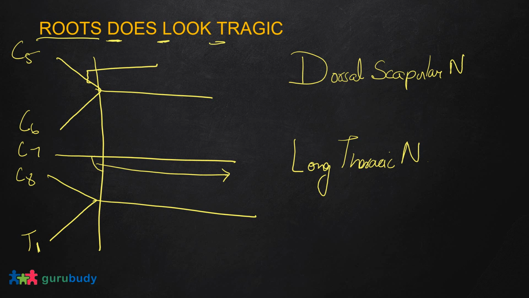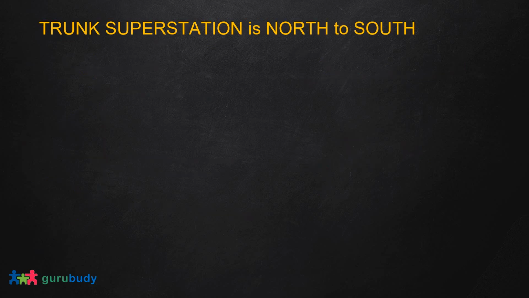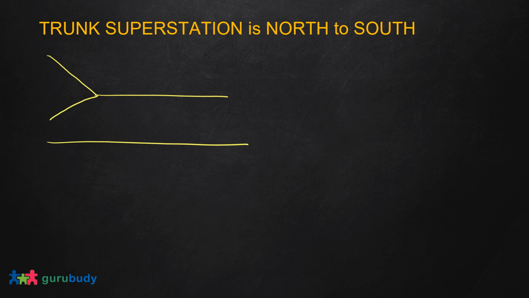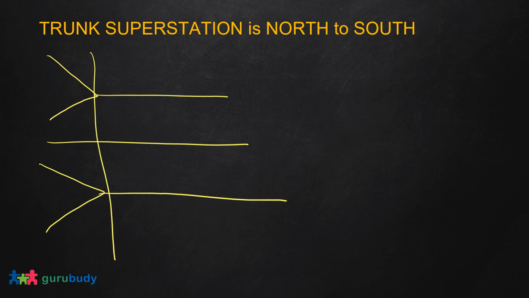Now what next? Here comes the first mnemonic: Rohit Told Dad. So it was told, T as in trunk. So we are going to study next about the trunk. In the trunk, let's draw the basic structure first: roots part, then the trunk part.